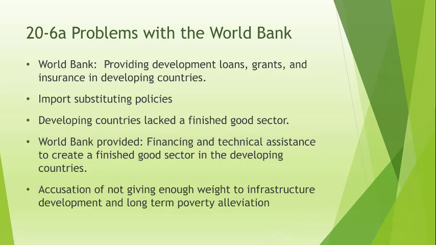Think about China, India, and basically the World Bank tried to make sure that they had access to funding to build the infrastructure and build the finished goods sector as well, so that they could actually produce complete goods in those countries rather than just the raw materials.